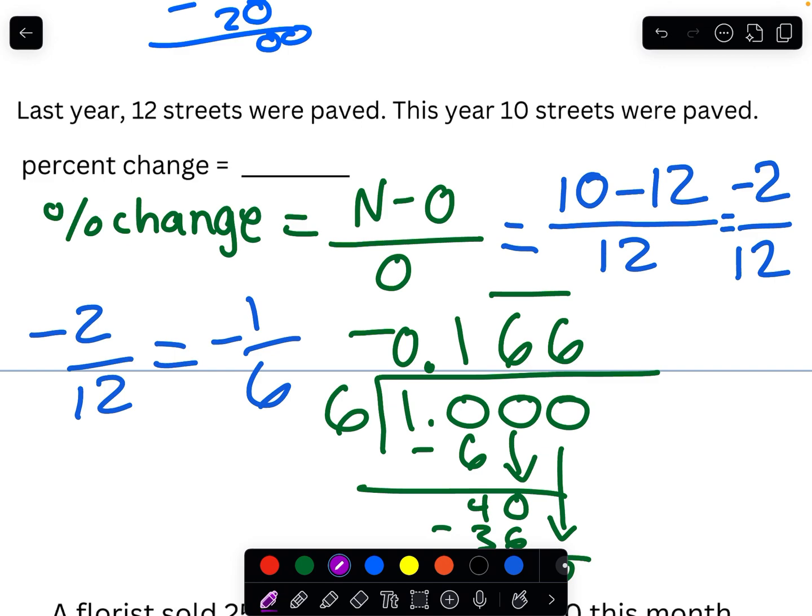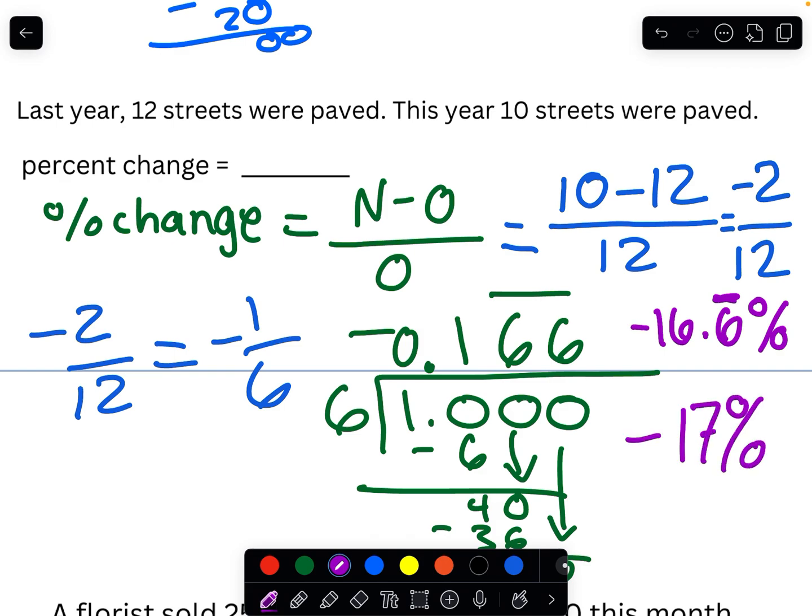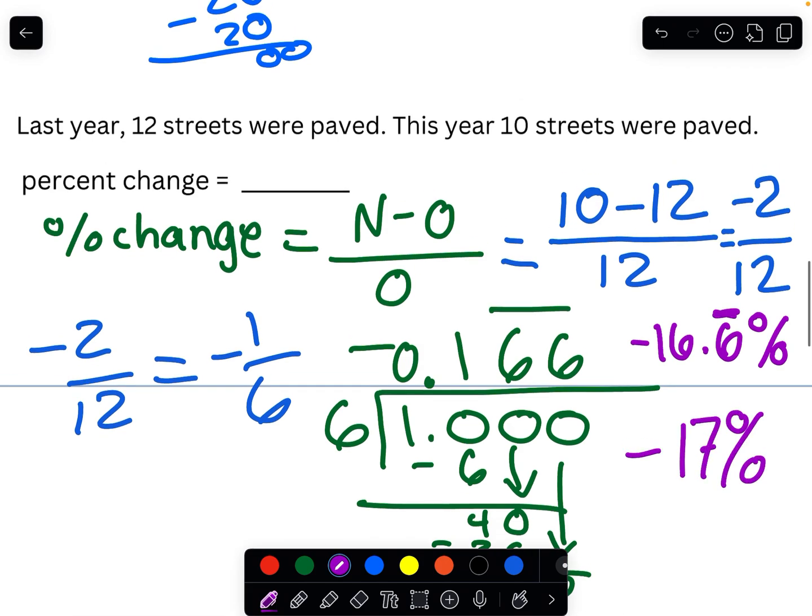So this would actually be 16.6%, and I put that line over the 6 to indicate that the 6 is repeating. But we can just round this up to negative 17%. So to answer the question, it is a negative 17% change, or a 17% decrease, because we've got that negative number.